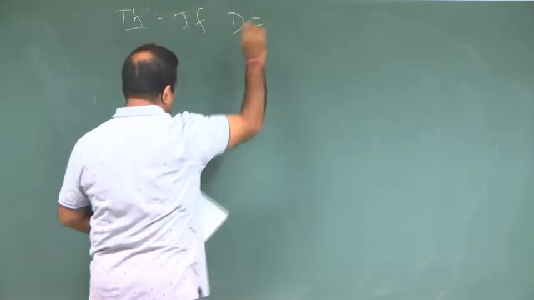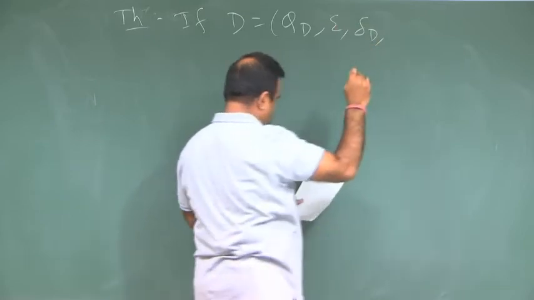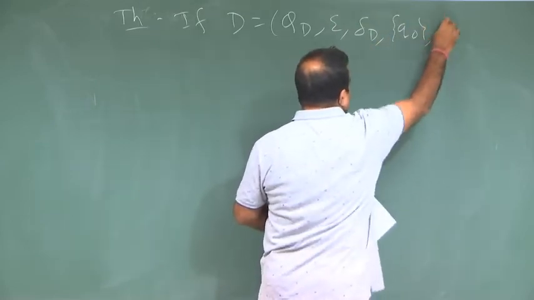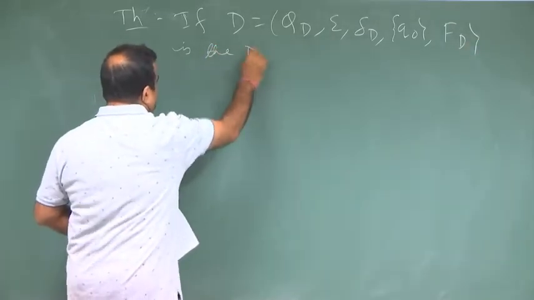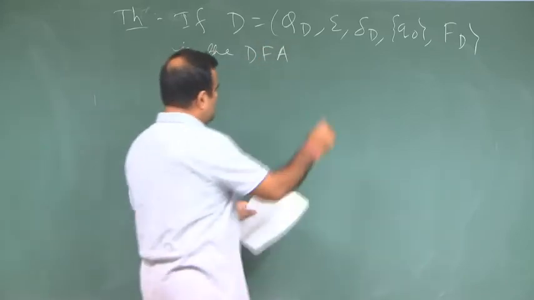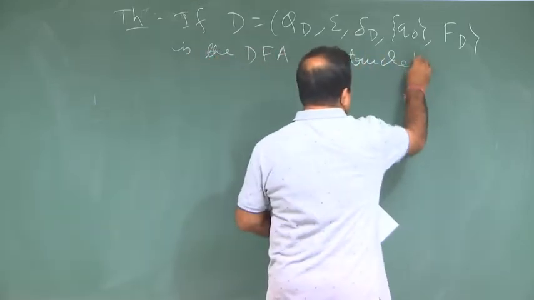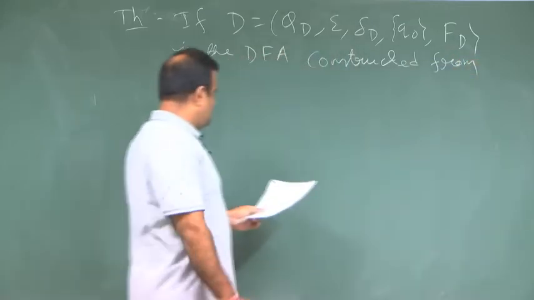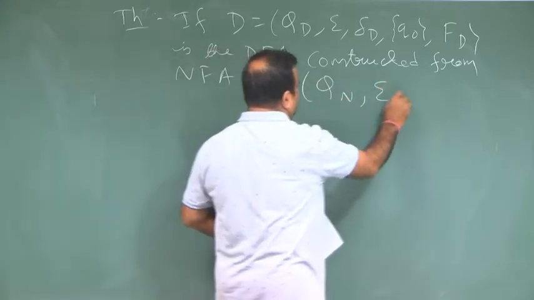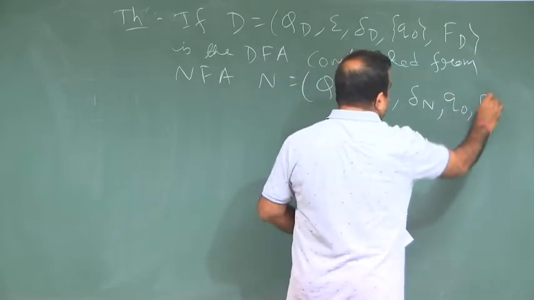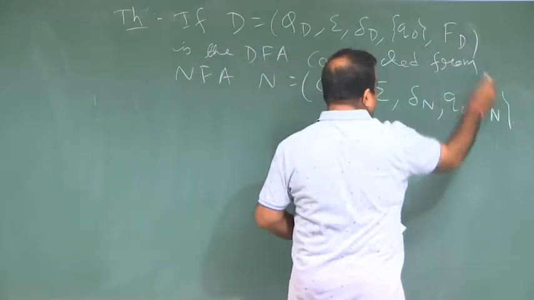If D, with delta D, q0, and FD, is the DFA constructed by subset construction from the NFA Qn, sigma, delta n, q0, Fn, this is the given NFA.